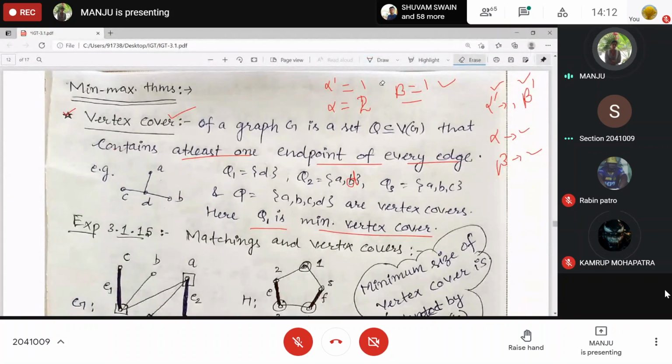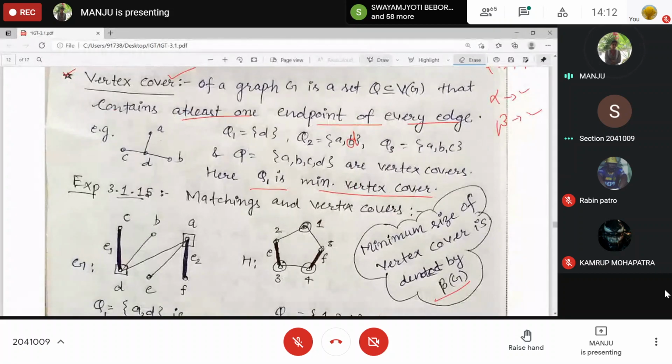And for this one, example 15, can you tell me alpha dash, alpha and beta? If you take all the vertices, obviously, all the vertices are covering every edge, but we want to minimize it. So minimum vertex cover cardinality will be your beta.